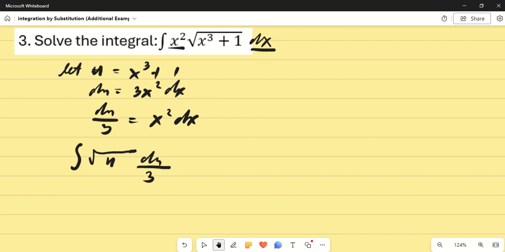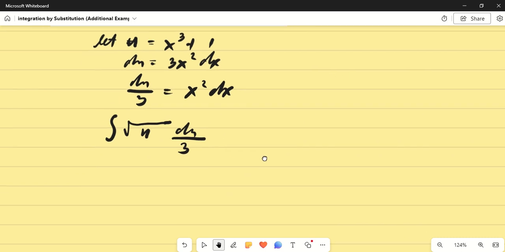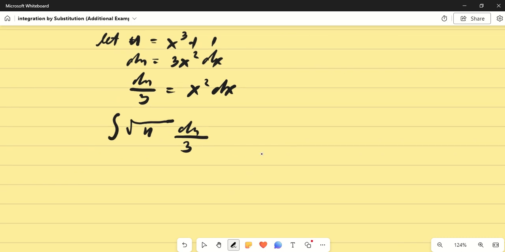Okay, then after that, you factor out the constant, so you'll be having 1 over 3 times the integral of your u raised to 1 half. Okay, we change this radical expression into an exponential expression. Then, of course, we need to write your du here.